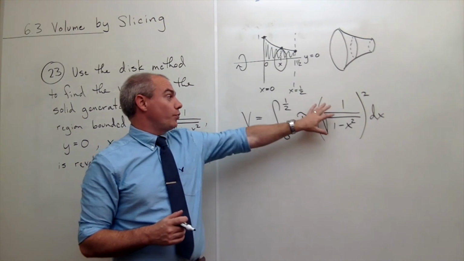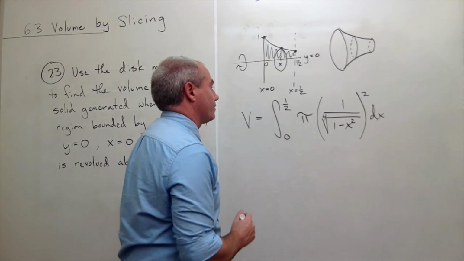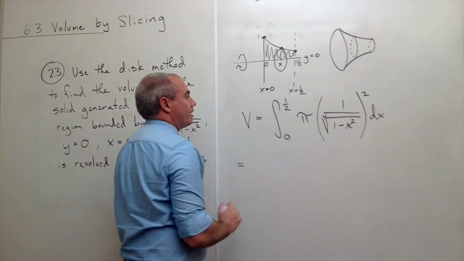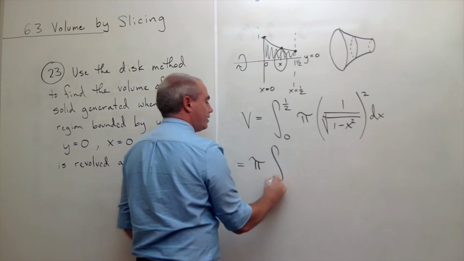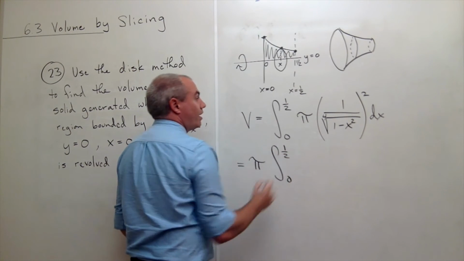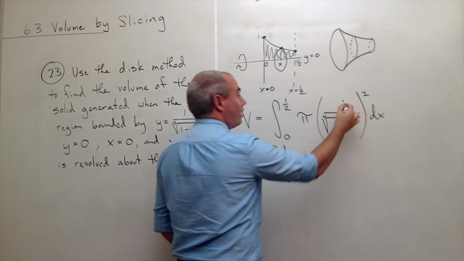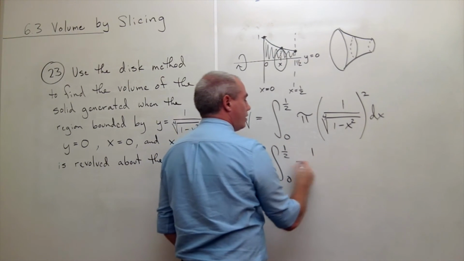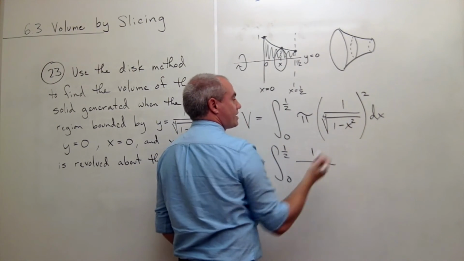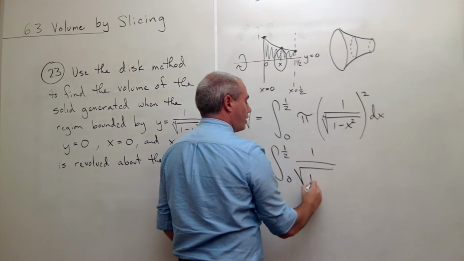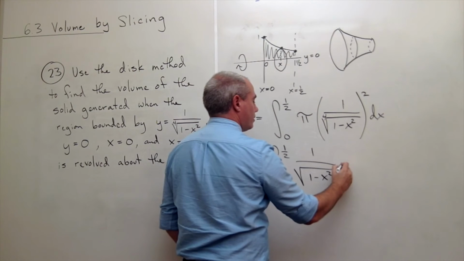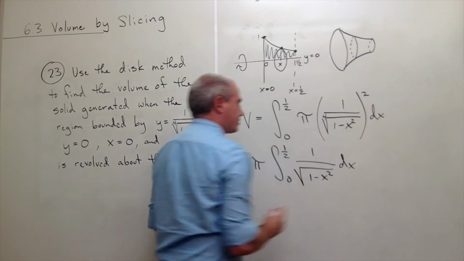Okay, so now that we're set up, let's integrate this thing. Let me just rewrite here. I can pull the pi out. So I have pi times the integral from 0 to 1/2 of, if I square this, 1 squared, of course, is 1. And the fourth root of 1 minus x squared, squared, is the square root of 1 minus x squared, dx.